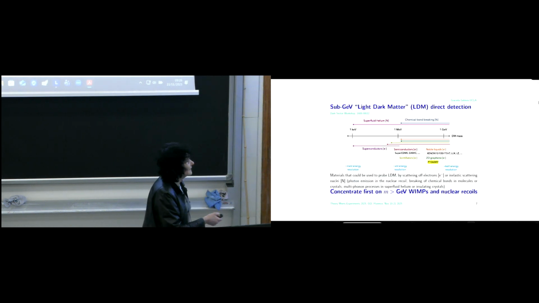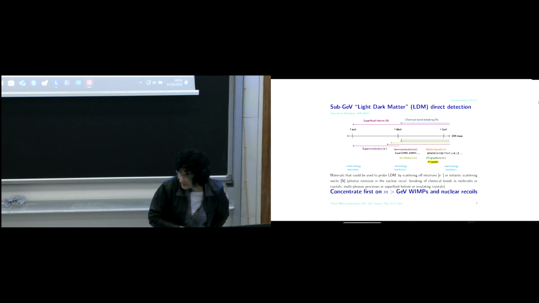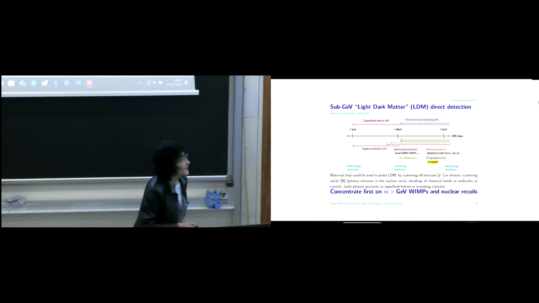And there are many. This comes from a workshop 2016, but there are many different ways of looking for electron energy deposited into electron from chemical bonds to superfluid helium, superconductors, semiconductors, etc.